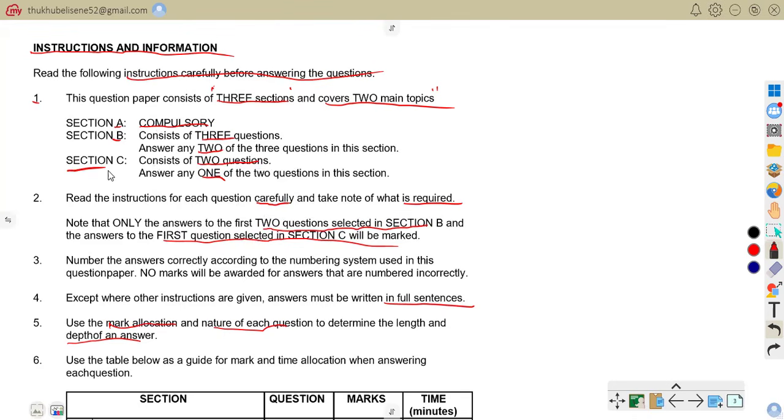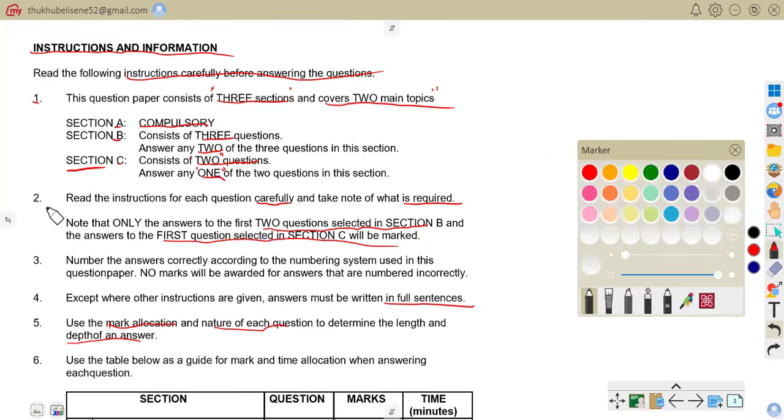Section C consists of 2 questions, and we are to answer 1 question of the 2 questions in this section. But like I've said, as you're going to answer all the questions in this question paper, even in Section C we are going to attend to those 2 questions, to make us prepared for the upcoming examination.